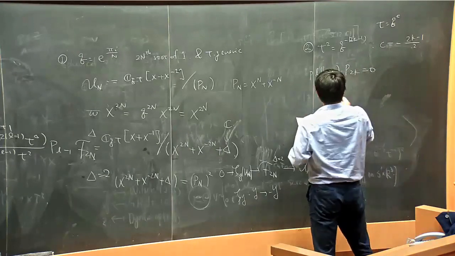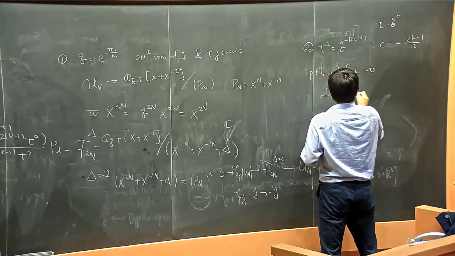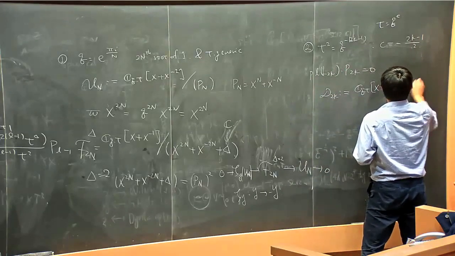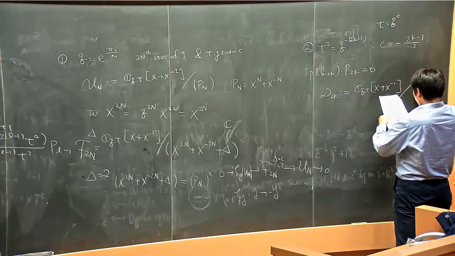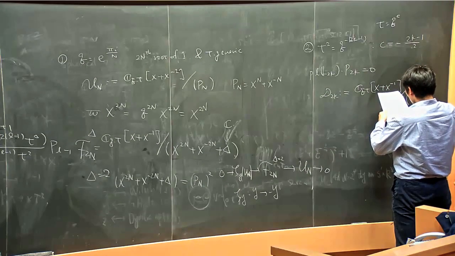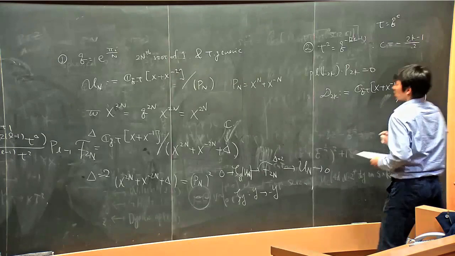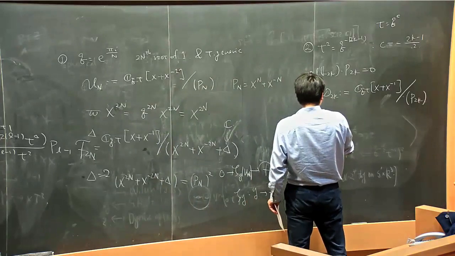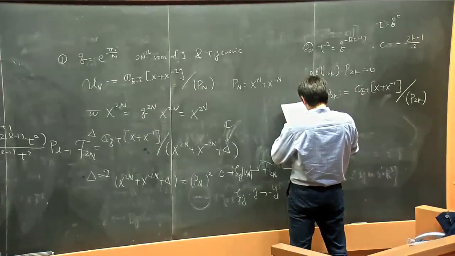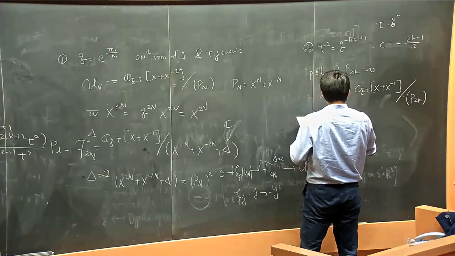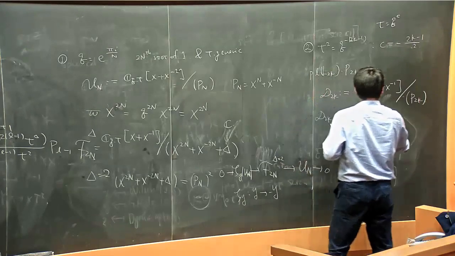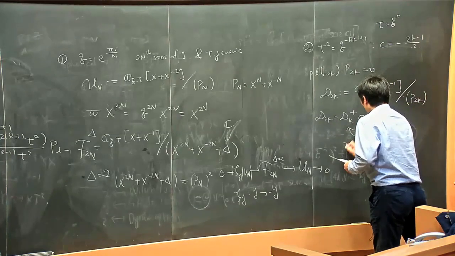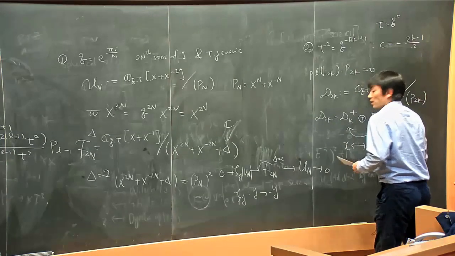So you can define 2k as the quotient of the ring of symmetric functions divided by the ideal P2k. This 2k dimensional space is split into two parts: D2k is equal to dk plus dk minus, where dk plus and dk minus are related by the sign flip of x and minus x.